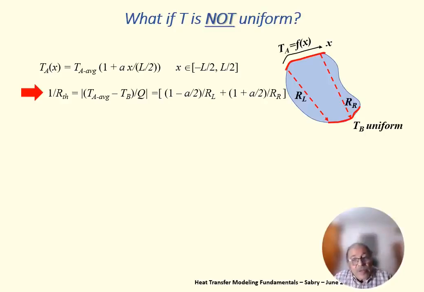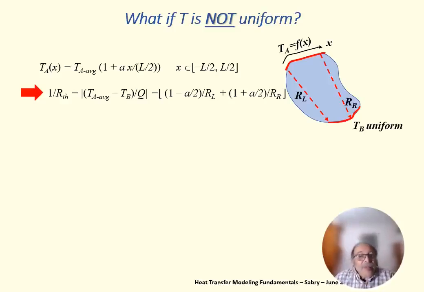And the equivalent or overall resistance, I will revert now to the admittance, is the sum of these admittances, which are in parallel. 1 over RTH, the equivalent, will be the sum of these two, but we have to take care that the temperature difference over each path is not the same.